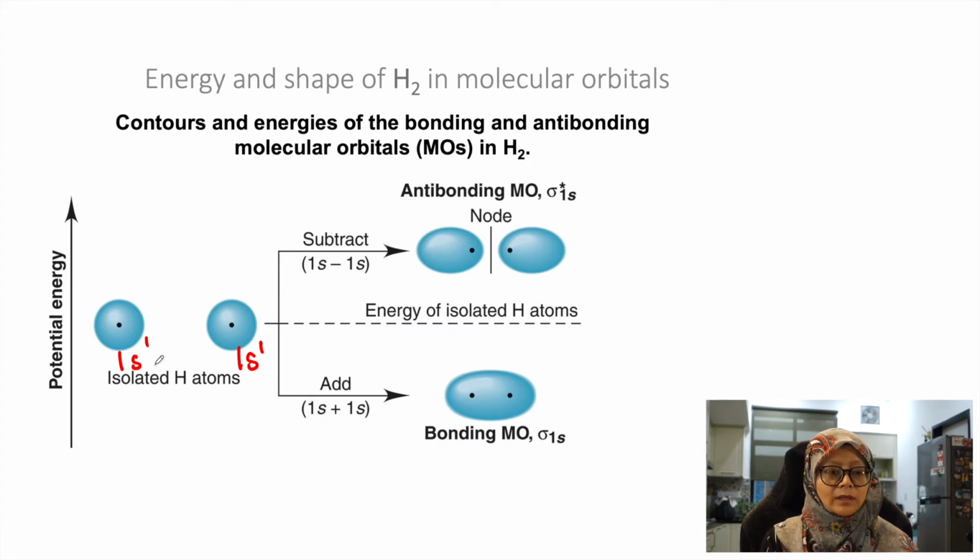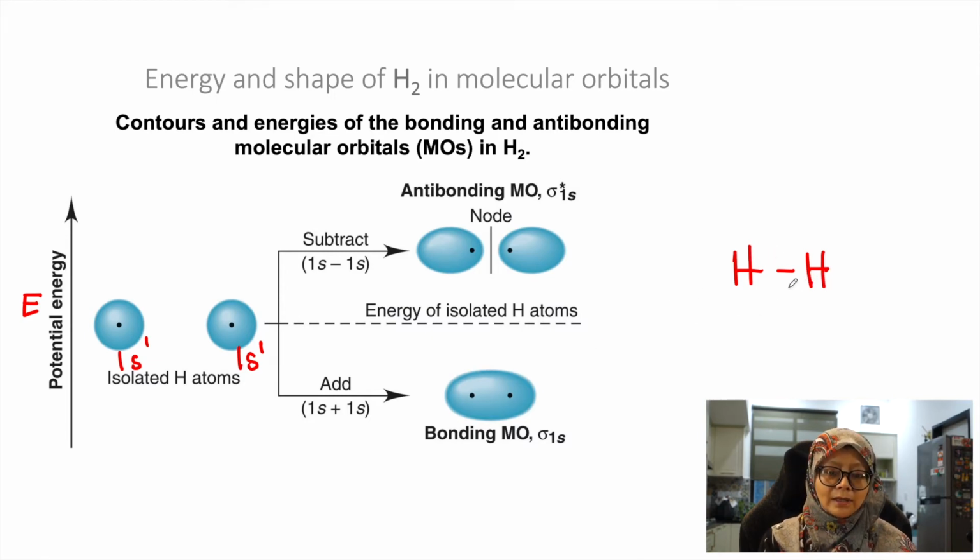So for the first one, here we have the potential energy. This is the energy. Let's say we add these two isolated hydrogen atoms, it will form a bonding MO. This is the Lewis structure of hydrogen, where each hydrogen shares one electron.